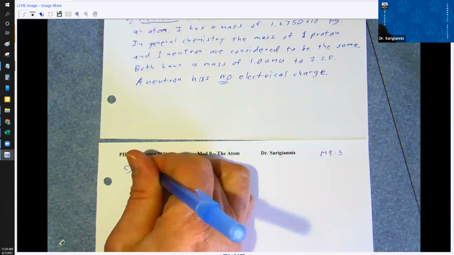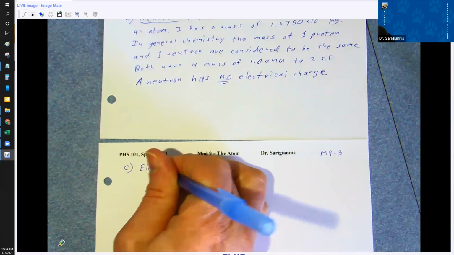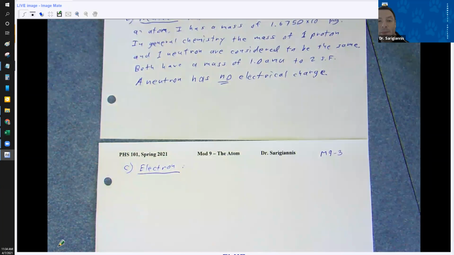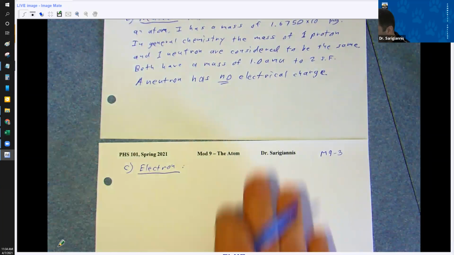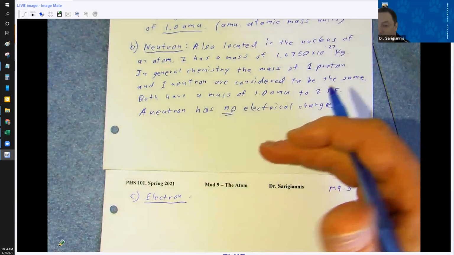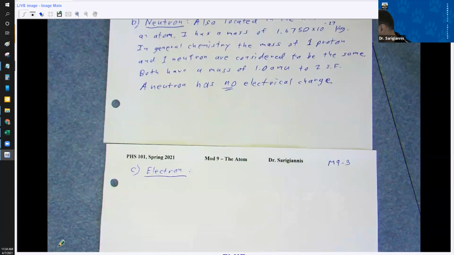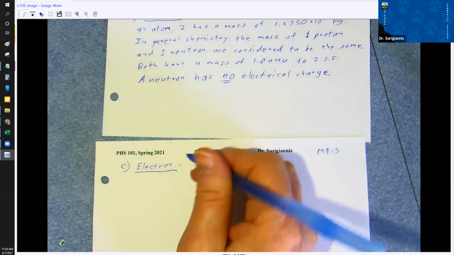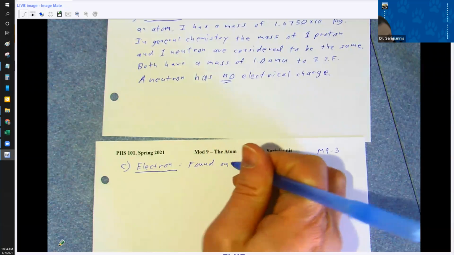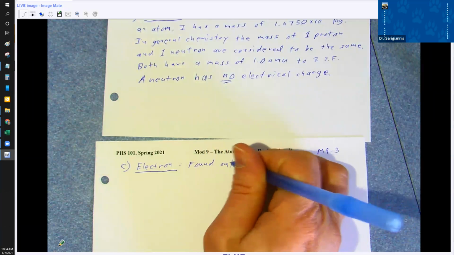The electron. So far we've got a proton and a neutron. They're both located in the nucleus. The electron is found outside the nucleus.